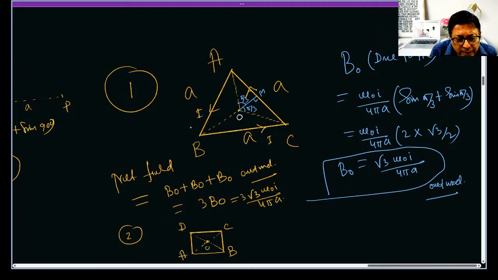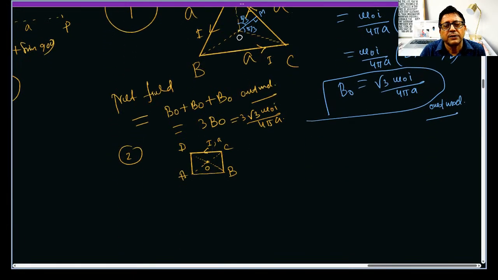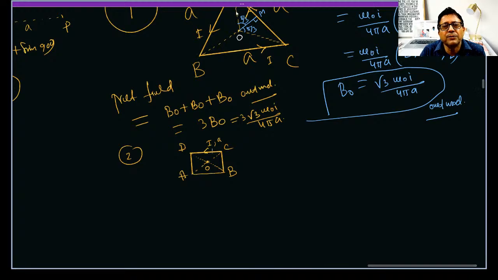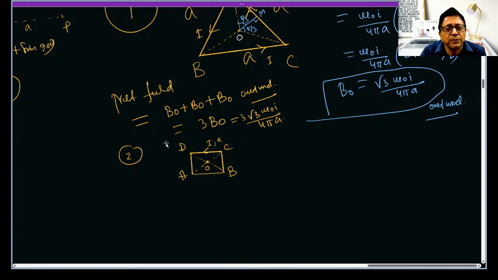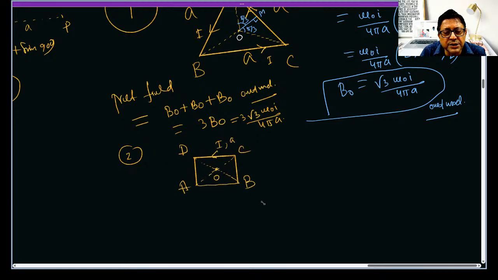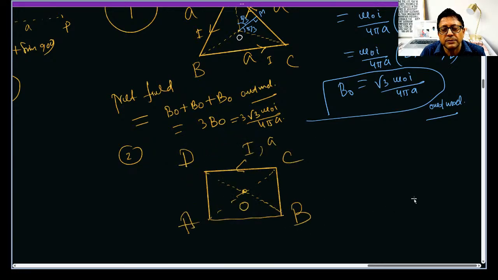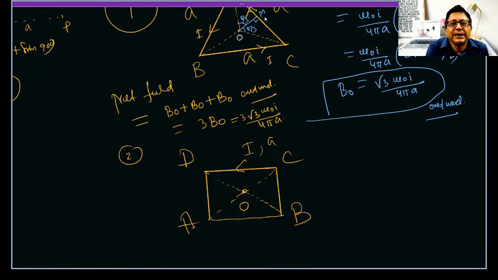We have to find magnetic field at O. It is carrying a current I and length of side is A. Just for idea. You understand what I am going to do? We will find magnetic field at O due to this square loop. Length of side is A.